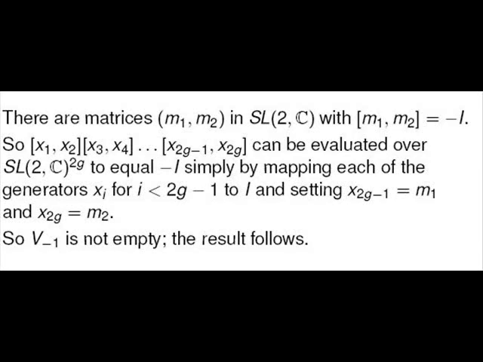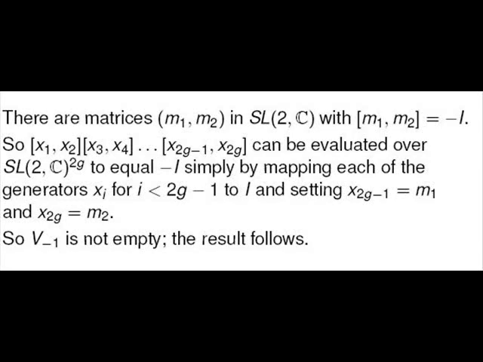So we can evaluate this to equal -1 simply by mapping each of the generators in these relations to I, and sending these two generators to two matrices that have commutator equal to -1. So right away you're going to get the whole commutator equal to -1.